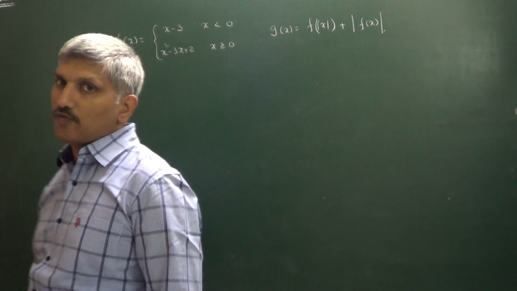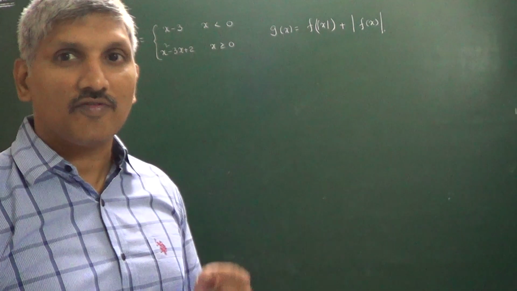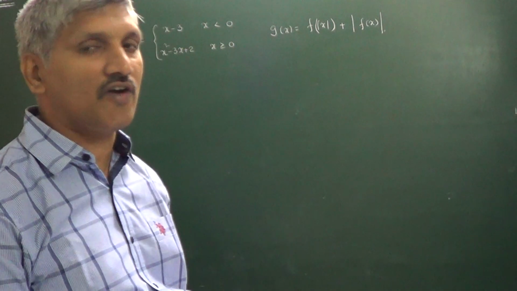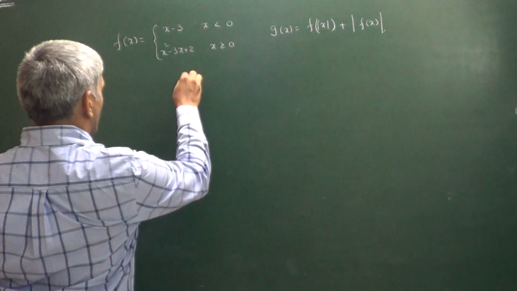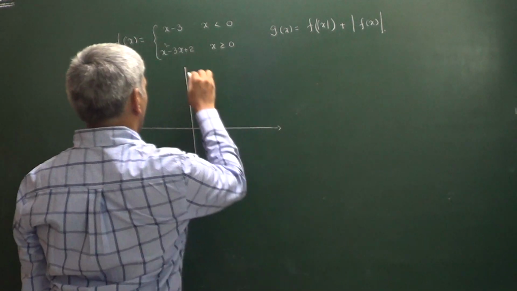So he is asking to find the number of points of discontinuity and the number of points of non-differentiability of g(x). Okay, I hope everyone knows how to draw the graph of f(x). First of all, we will draw the graph of f(x).